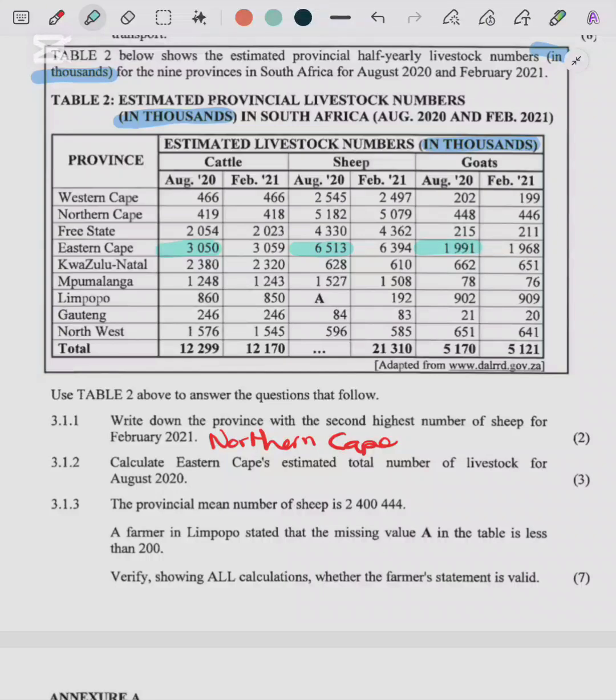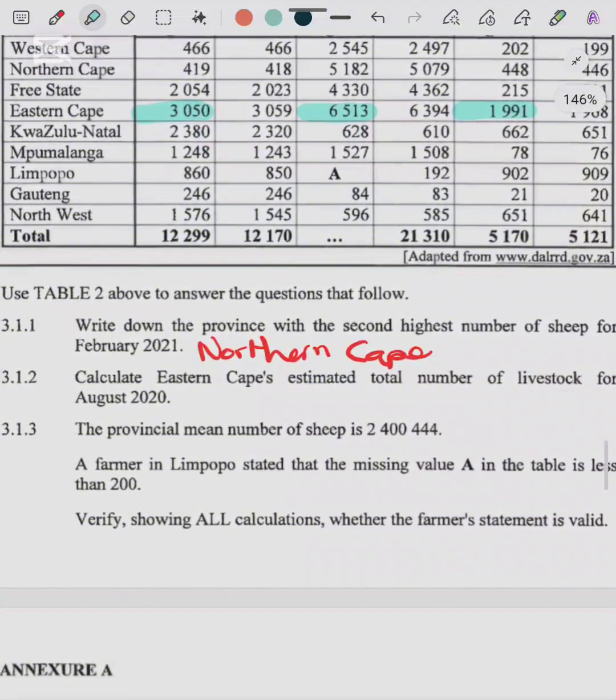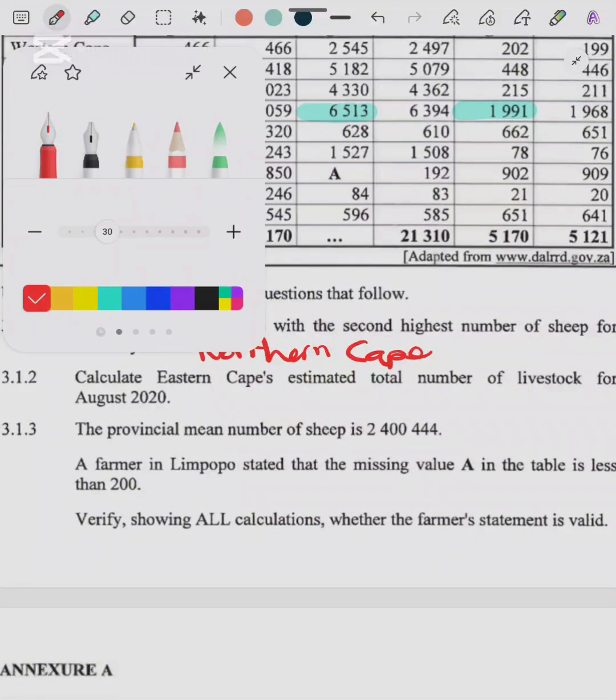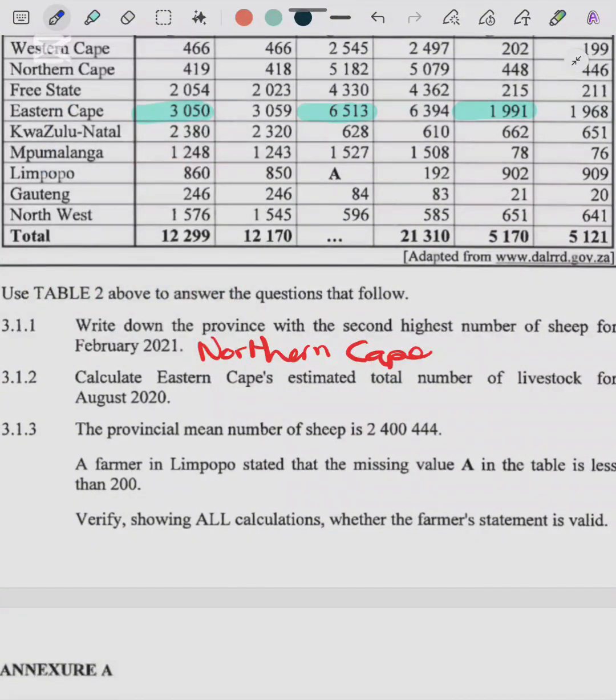So if we want the total number, remember total always means combined. So we are adding. So all we're going to do is say, okay, we got 3050 plus 6513 plus 1991. And the important thing here to remember, we said they were all in thousands. So you can still add them as values like this. And on your calculator, you still put those values. But I am going to put a little note here to say that this is in thousands.